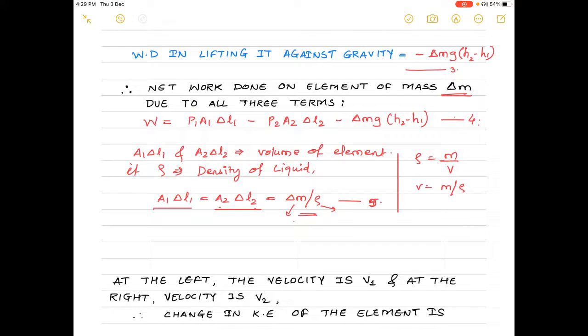Now if you substitute this in equation 4, that is for work done, the work done can be written as (P1 minus P2) delta M by rho minus delta m g (H2 minus H1). This is equation number 6.